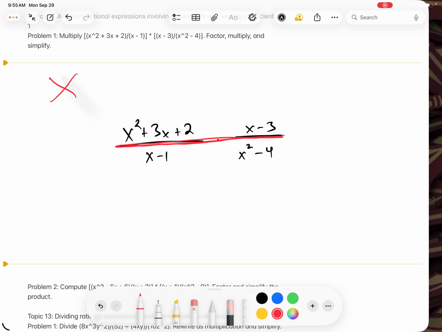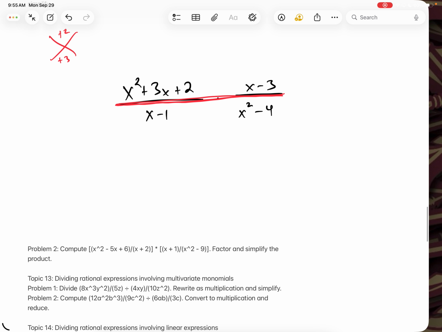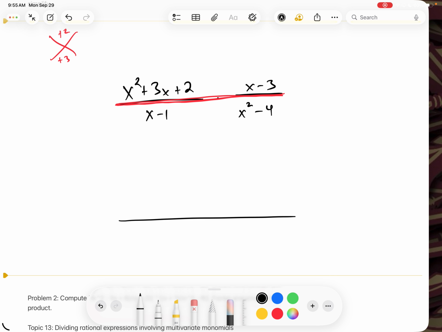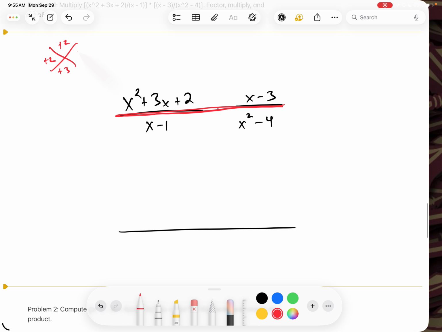So that is a factoring problem. What multiplies to be 2 and adds up to be 3? That would be 2 times 1 is 2, 2 plus 1 is 3. So my upper left would be x plus 2 and x plus 1.